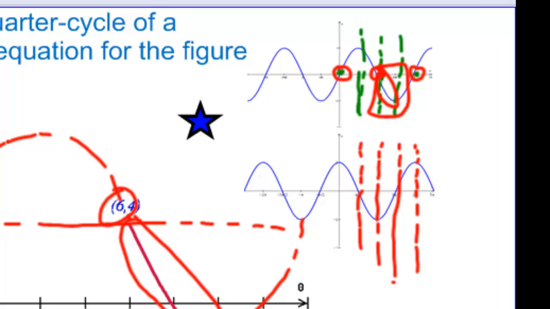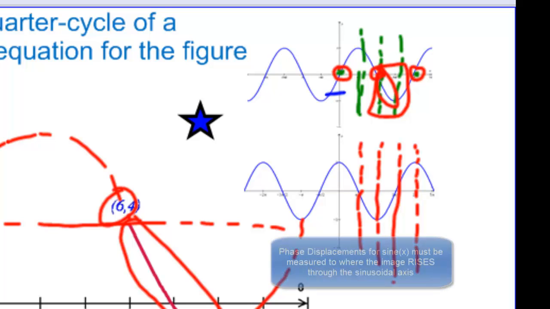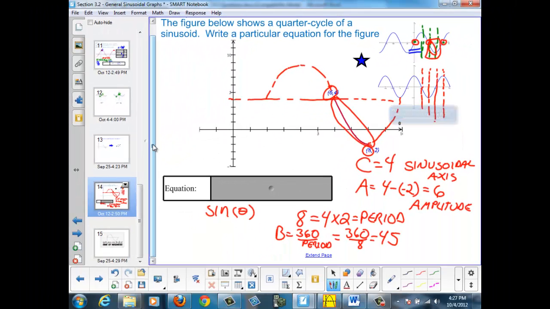And we have to recognize that what we've done is chosen that place where the sinusoid drops down across the sinusoidal axis. But we want to measure our phase displacement from where the sinusoid rises across the sinusoidal axis. And we want to choose the first place where that's going to happen. So that would be this location over here.